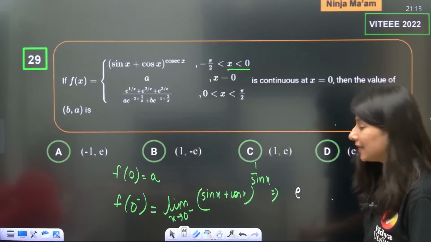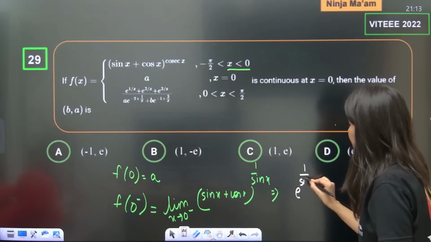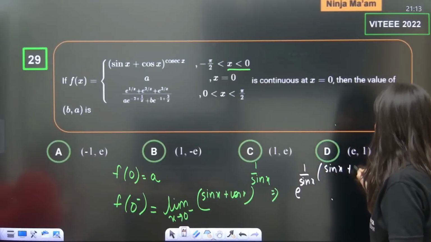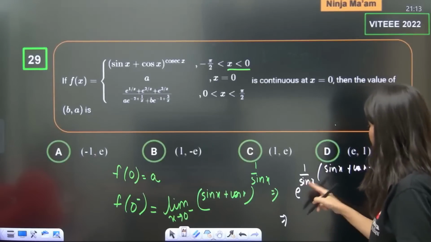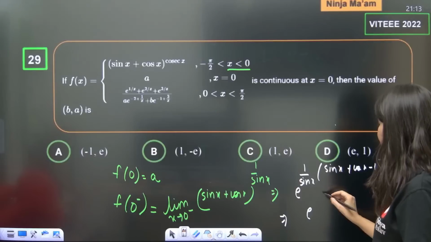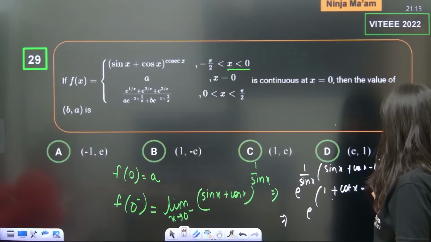How do you tackle it? e power, this power will come in front. So 1 by sin x, and you need to subtract 1 from the base. So sin x plus cos x minus 1. So this is going to give you e power sin x by sin x, that is 1, plus cot x minus cosec x.